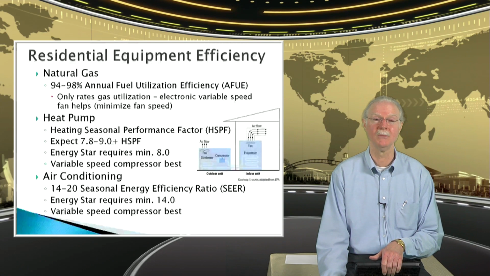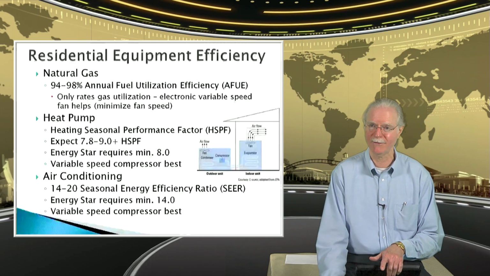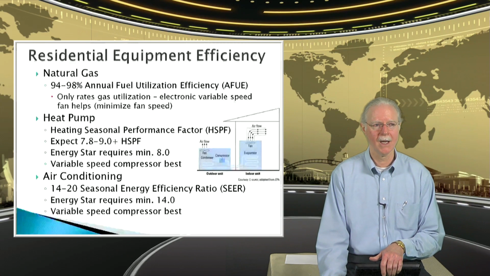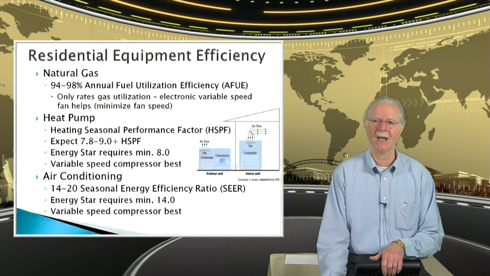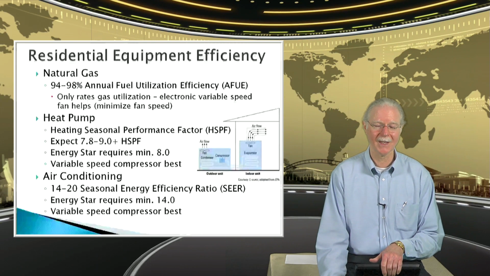So if you're asking it to move a lot of heat, and you have a system that's designed for supplying a lot of heat, it's typically operating pretty efficiently at that rate. But if you take that same system that's designed to move a lot of heat, but the demand is very small, it doesn't operate nearly as efficiently.